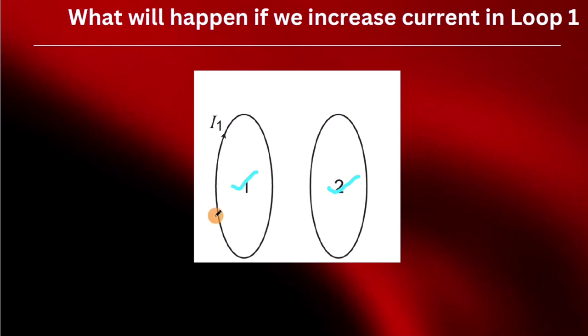But if we increase this current I1 with respect to time, gradually increasing, then there will be an induced current in this loop, and the direction will be opposite to the flowing current in loop 1, and for this reason they will attract each other. Okay, so they will come close to each other.